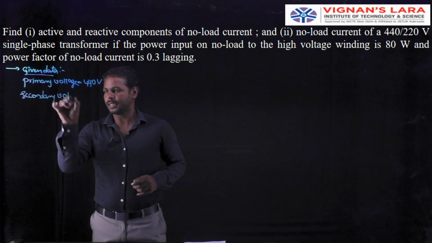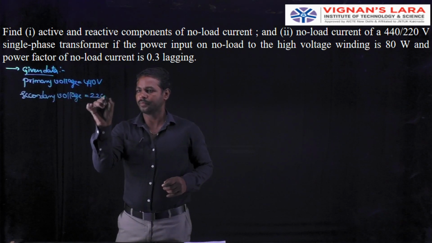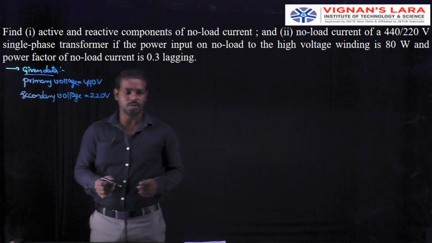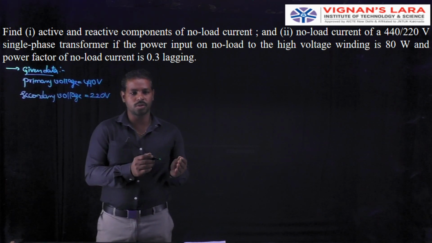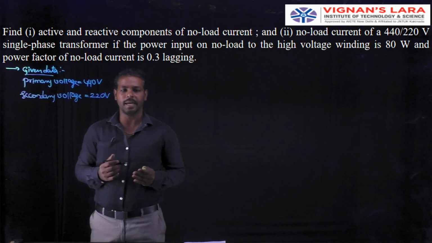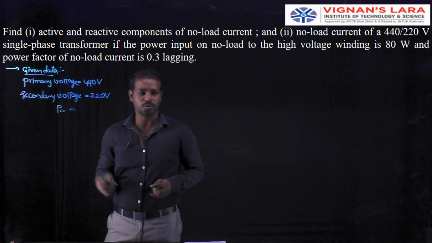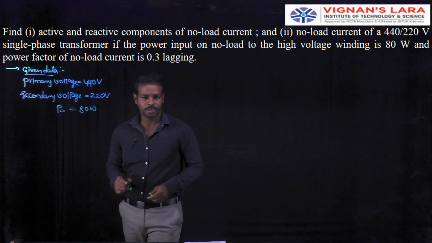Secondary voltage is equal to 220 volts. The power input on no load to the high voltage winding is 80 watts, so P0 is equal to 80 watts.